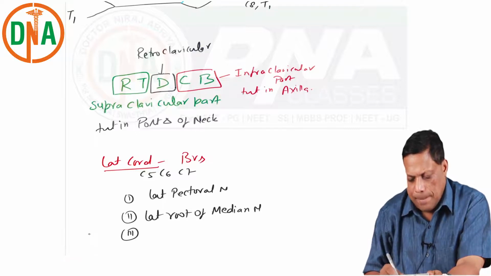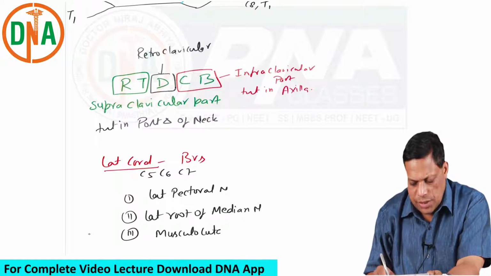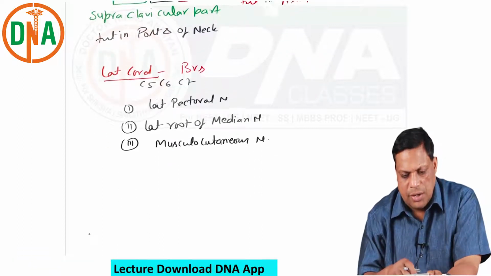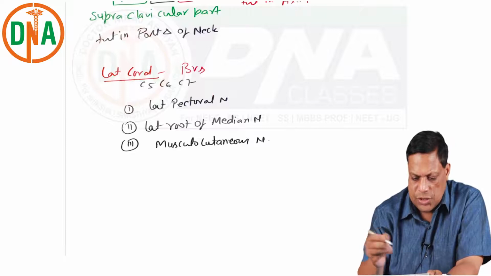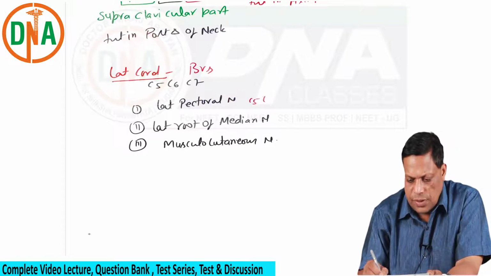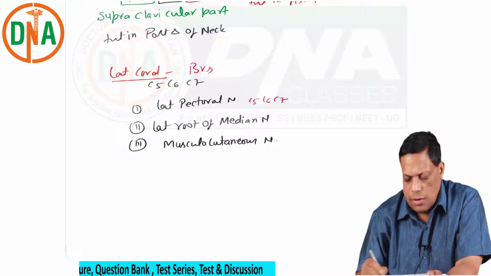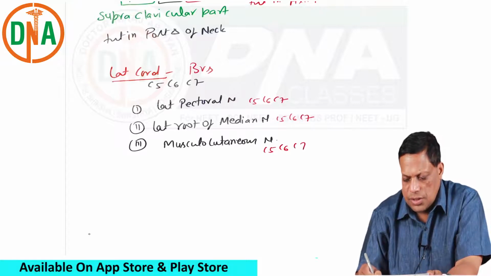Number 3, musculocutaneous nerve. So these are the 3 branches of the lateral cord. The root value of these nerves, the lateral cord, is C5, C6, C7. Lateral root of median nerve C5, C6, C7. The musculocutaneous nerve C5, C6, C7.